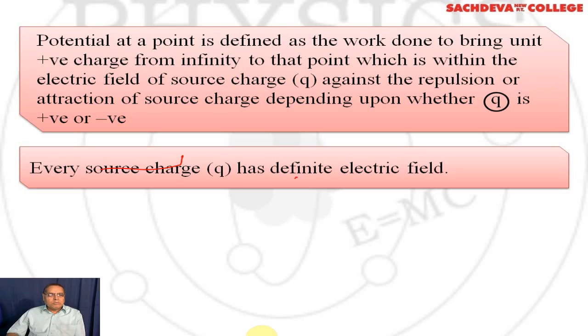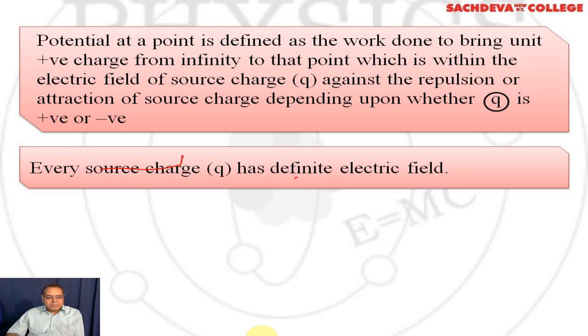The total meaning of this statement is that we select a charge Q, and around the charge we draw a boundary that is called the electric field of charge Q. Then we select a point in the electric field.